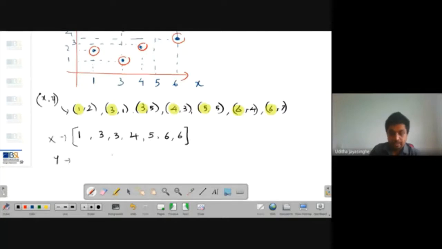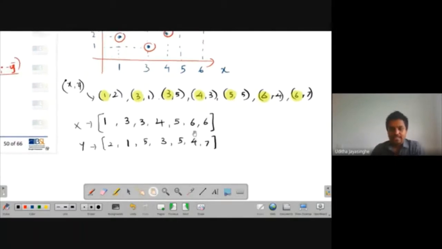If I do the same thing for the corresponding y variables, 2, 1, 5, 3, 5, 4 and 7. Now students, despite the fact that we had two variables, you can still calculate x bar. Let me put a fictional x bar value like 4, and y bar something like 5.